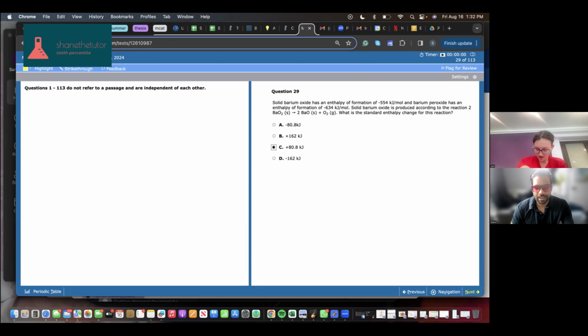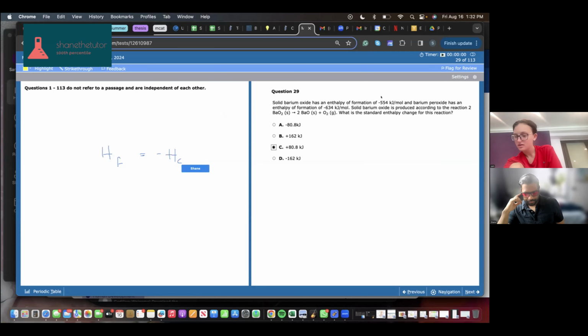Okay, so let's see here. I think I literally just subtracted. If we have heat of formation, it'll be the negative heat of combustion.